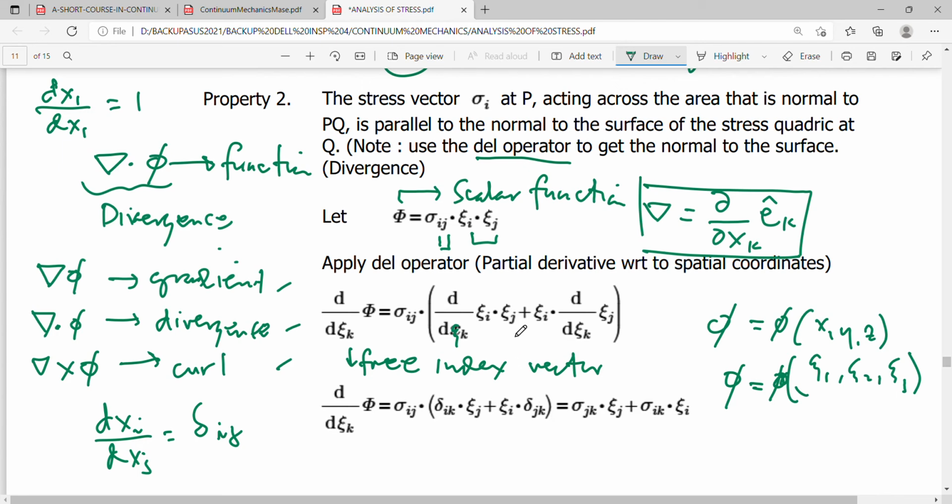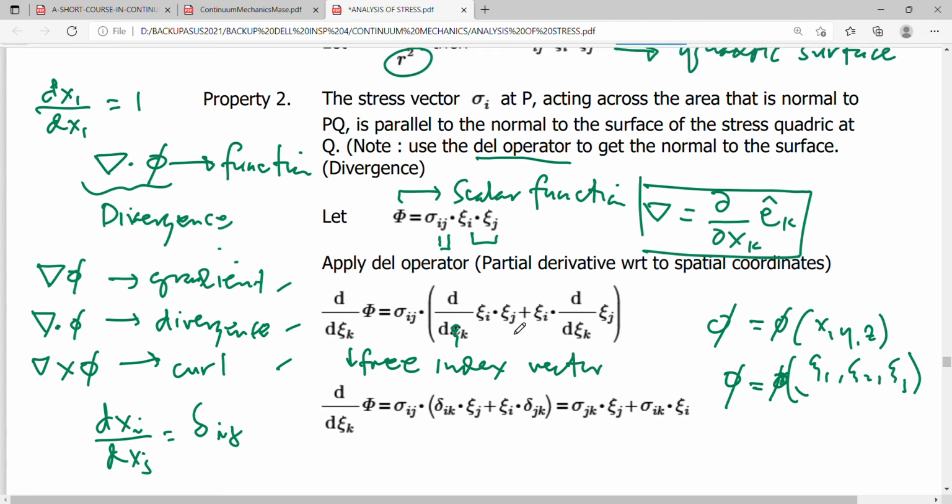And then I retain the xi j there and the xi i here. I now make these two equations. And taking note that this equation here, delta ik when merged into sigma ij, will contract into a sigma jk here. Hence, this becomes sigma jk xi j plus sigma ik xi i.